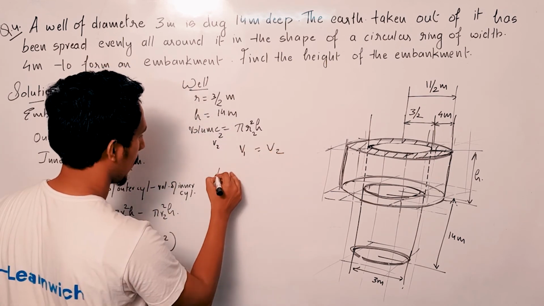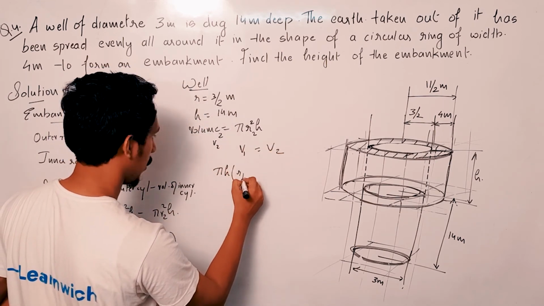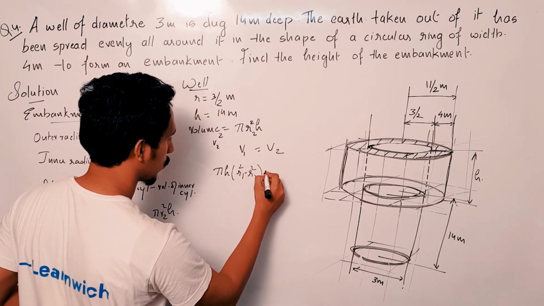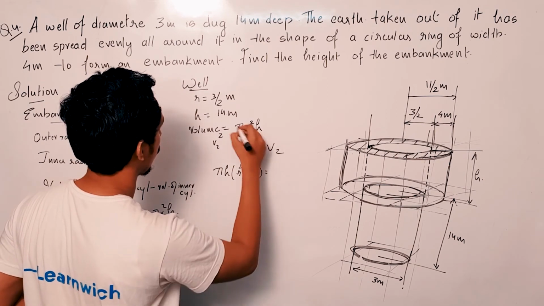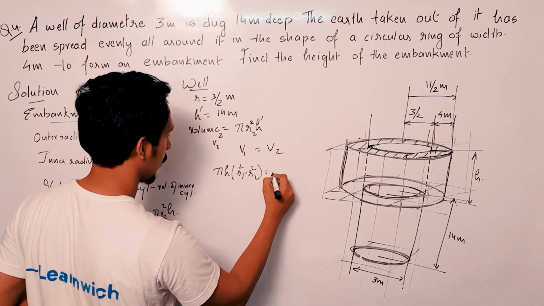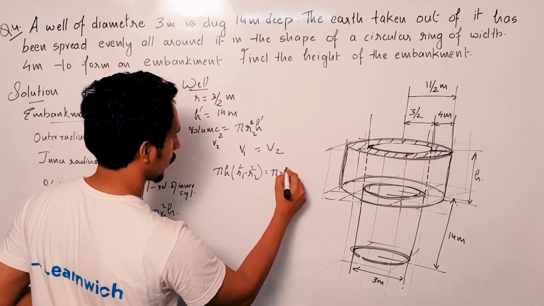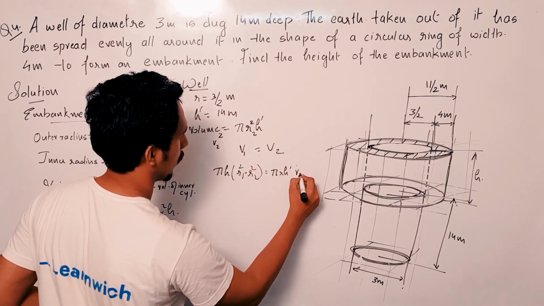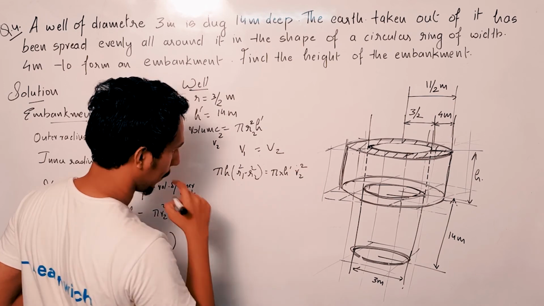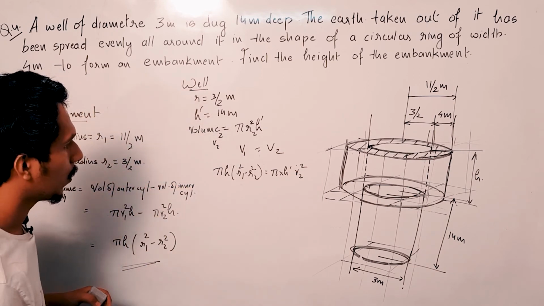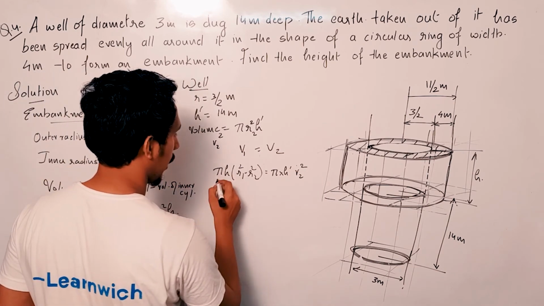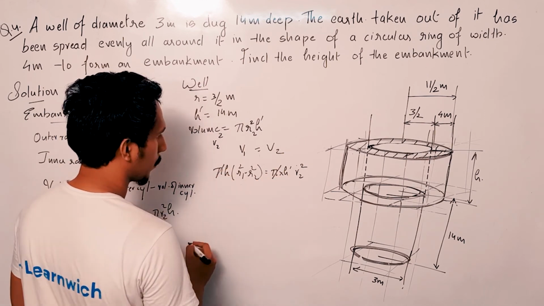So I get pi h into R1 square minus R2 square is equal to, this is h dash, h is different, pi into h dash into R2 square. Okay. So what all things cancels? I can cancel pi from both sides.